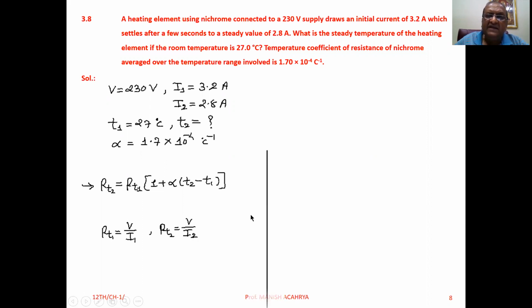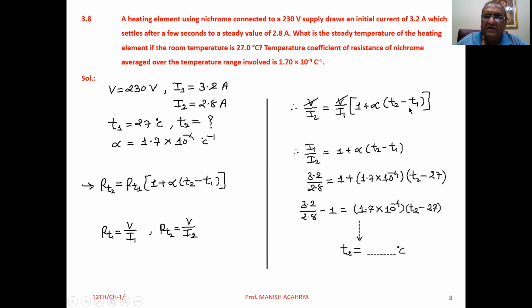So we can rewrite the equation. R at T2, that is V upon I2, is equal to R at T1, that is V upon I1, into 1 plus alpha (T2 minus T1). So V cancelled. Take this I1 on the left hand side. So I1 upon I2 is equal to 1 plus alpha (T2 minus T1).